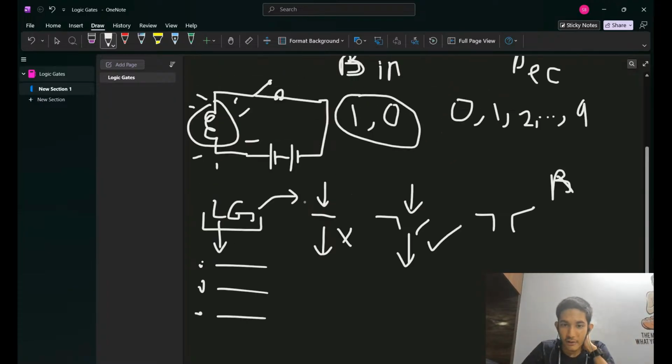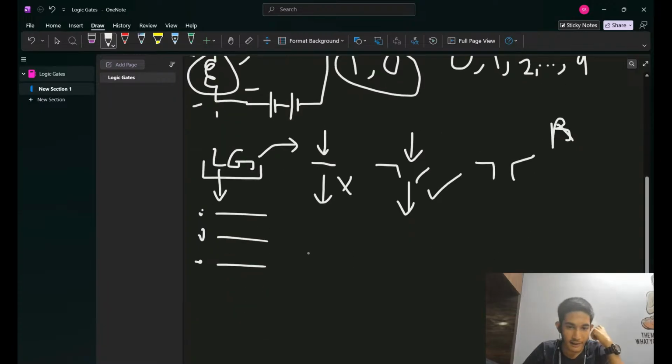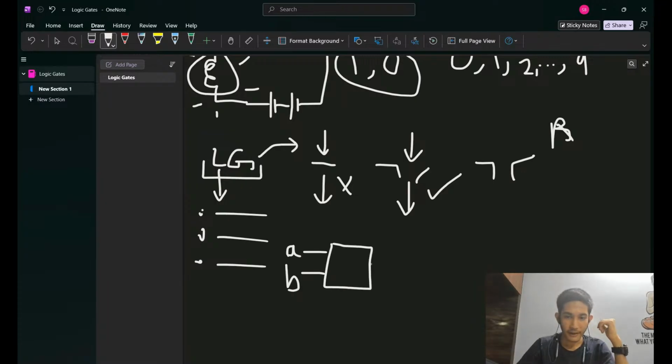So now let's actually get into logic gates, because I've been blabbering about what logic gates are. Mainly, logic gates take two input values, A and B. Then something acts on them, and we get some answer C, right?